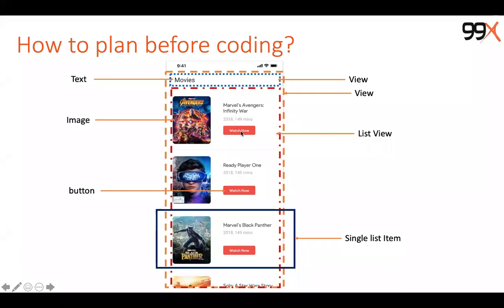Once you click the button, we should redirect to somewhere else. So that's our plan. The basic idea is you should first identify the things you are going to use: text, view, list view, image, button. Those are the components we are using.